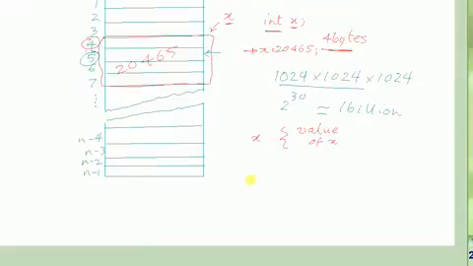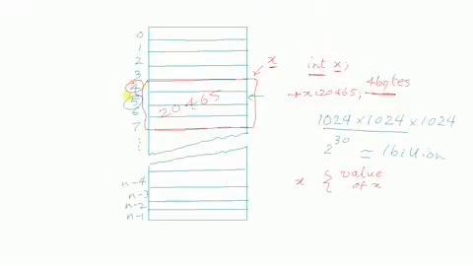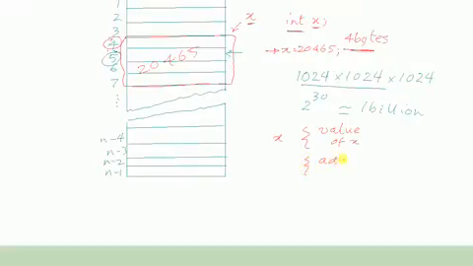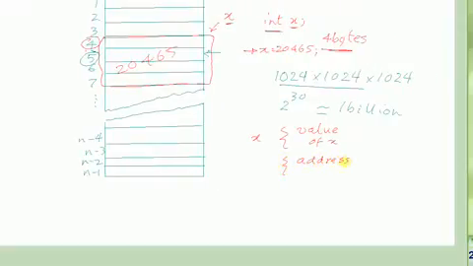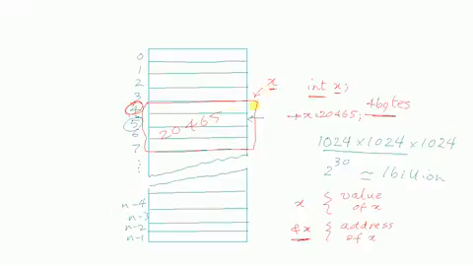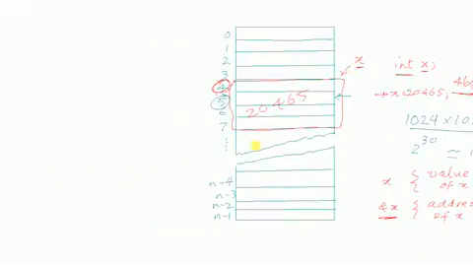Now there is an address associated with x also. How would you access the address of x? How would you know what the address of x is? There is an operator called ampersand. So in a C program, if you write &x, it means the address of the location where the value of x is stored.